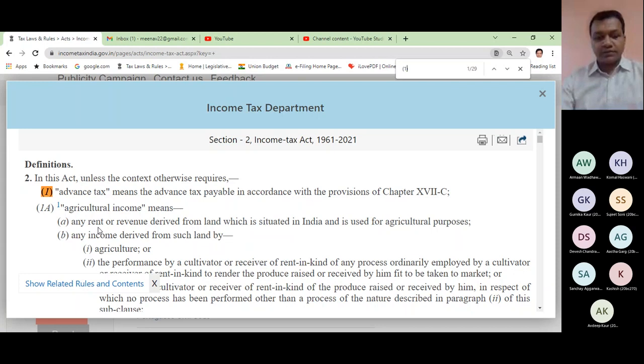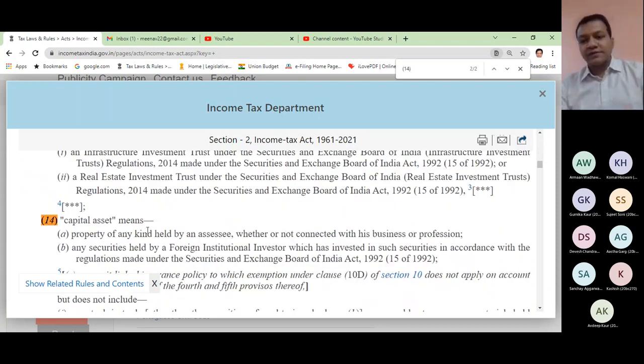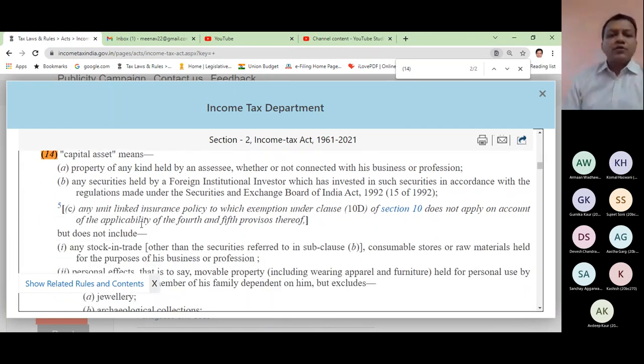Search clause 14. This is capital asset. Capital asset means, sub-clause A, property of any kind held by an assessee, whether or not connected with his business or profession, doesn't matter. Every property in this world, all the properties are capital assets as per the definition of the Income Tax Act. Any kind, doesn't matter.